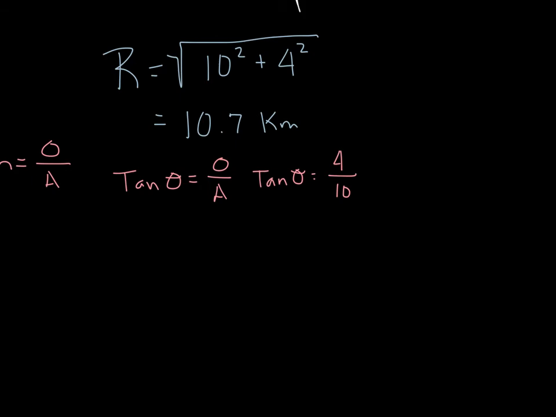So once you have both the opposite and the adjacent here, and we know that those are 4 and 10, you see that the equation says tan theta equals 4 divided by 10. For those of you that understand this, you'll know that the method now used is to take the inverse tangent of 4 divided by 10, and that will actually give you theta.